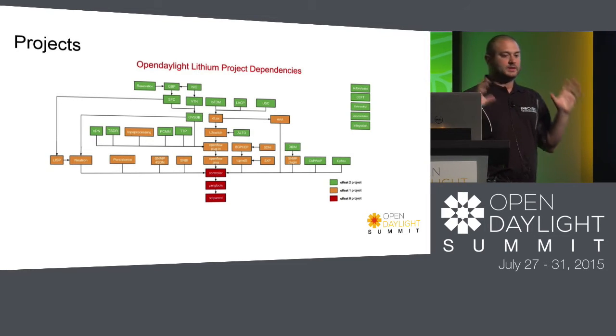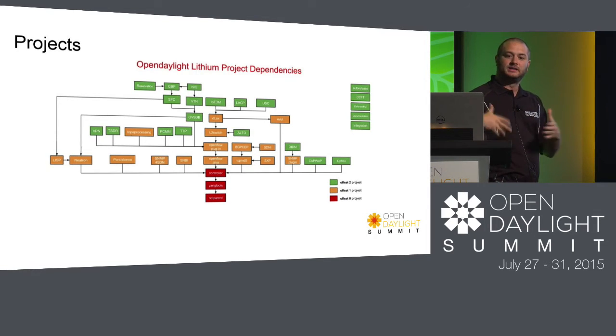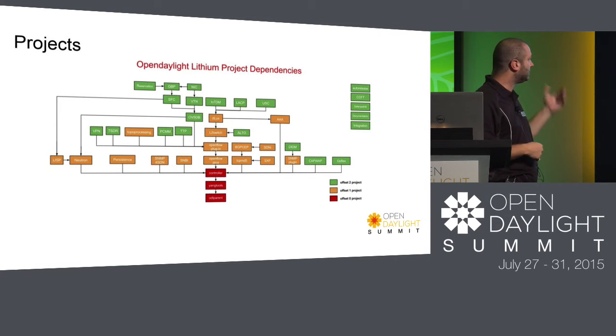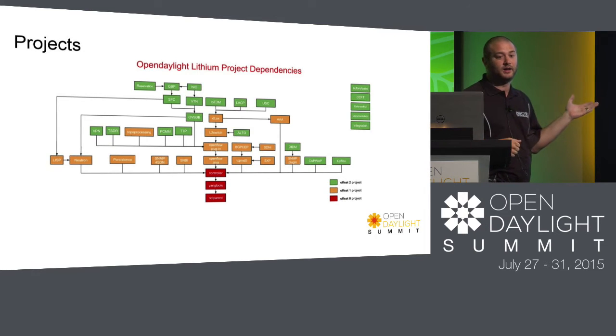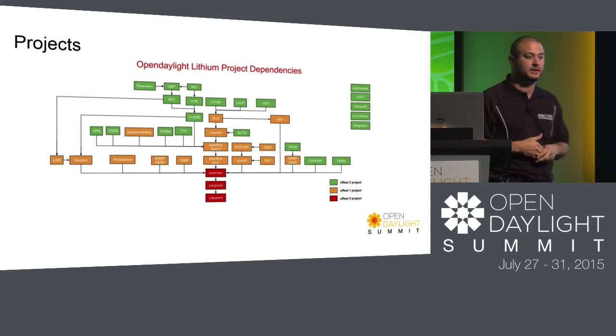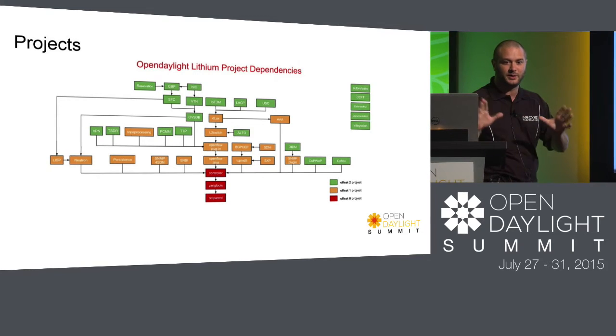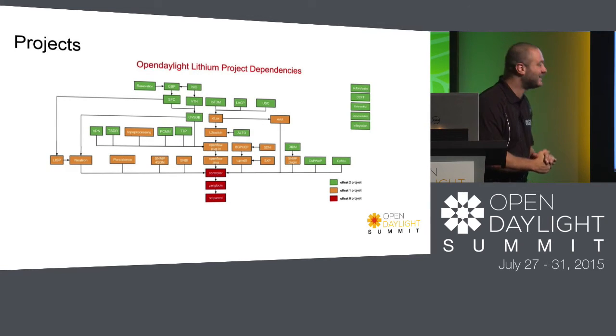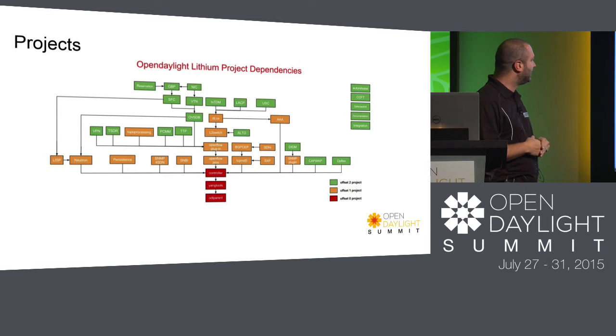Neutron, everyone knows, OpenStack. So it is the interface that OpenStack uses today to go down to the controller. Lisp overlay. So if you're not familiar with Cisco Lisp or Lisp, sorry, as a standard, it is a standard that allows you to do overlays at the IP level. Very interesting.